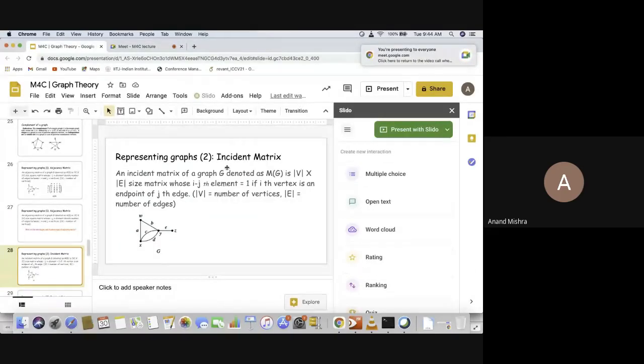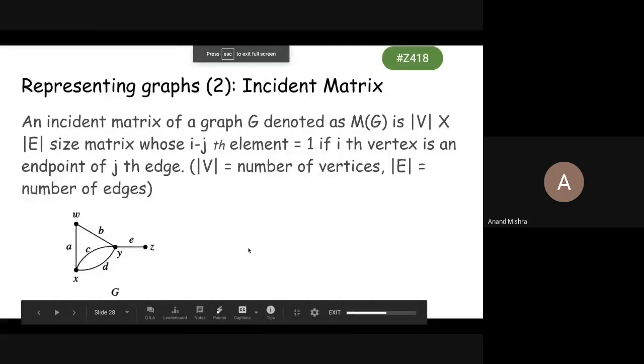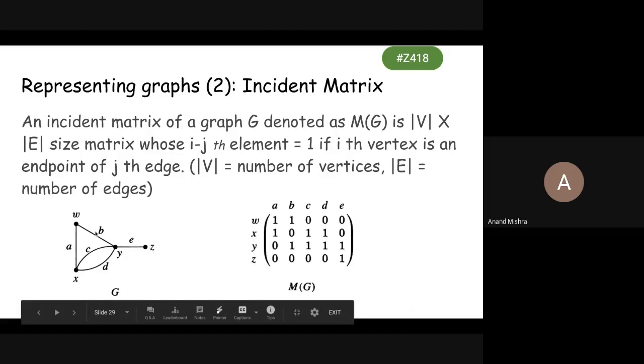It will be the number of vertices times the number of edges, right? So 4 vertices and 5 edges, 4 by 5. And that's all it is.